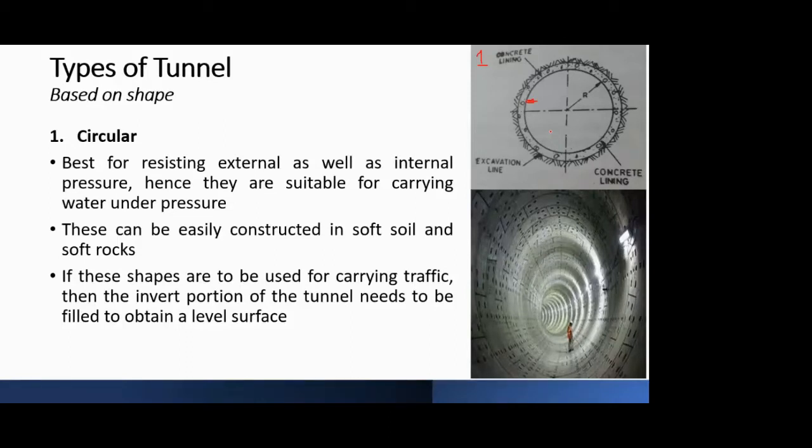In the same way, whenever you cut out a portion from earth, the external pressure from the adjoining soil is going to try and collapse your excavation. To resist that, you need a lining. This lining is required when you have soil which is not stable; if you cut a portion of that soil and it is not stable, then you provide a lining.